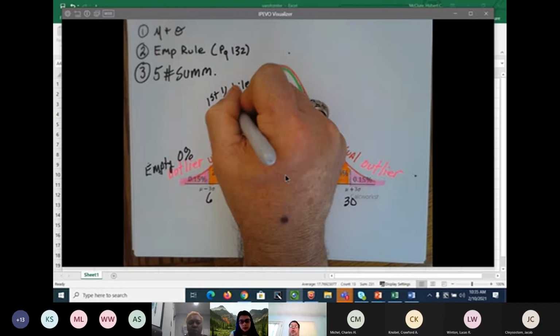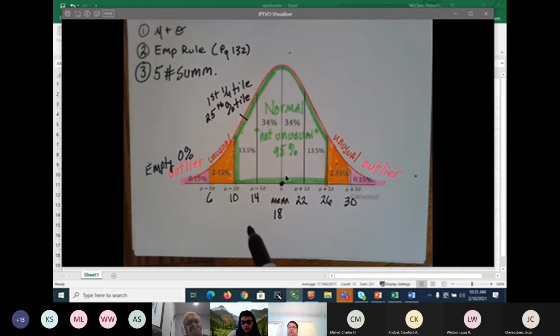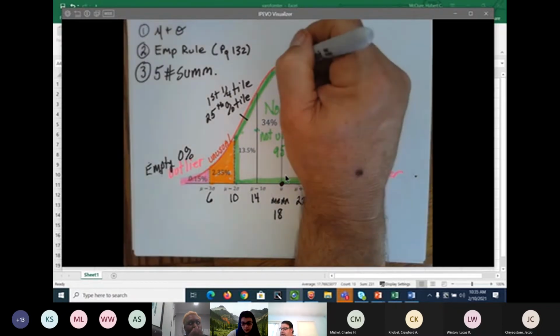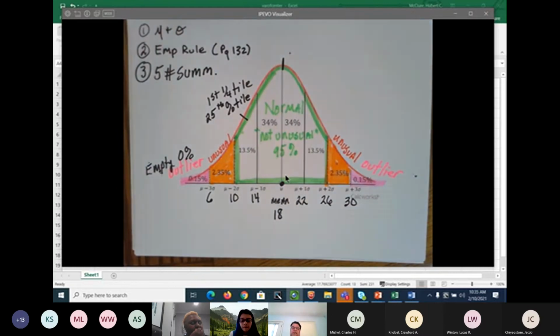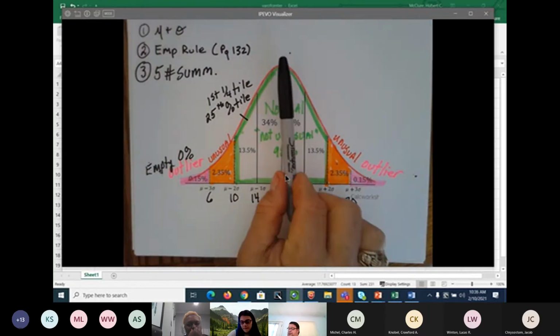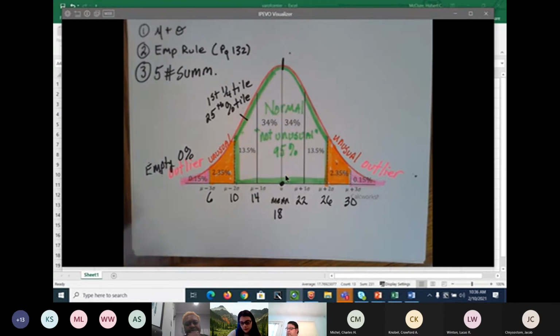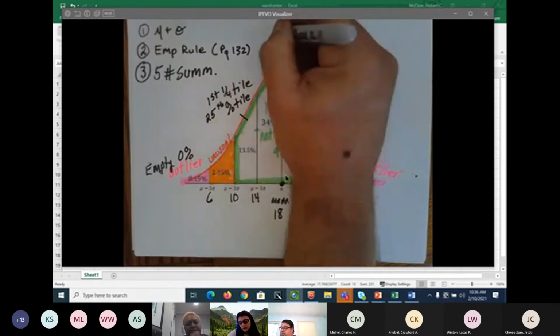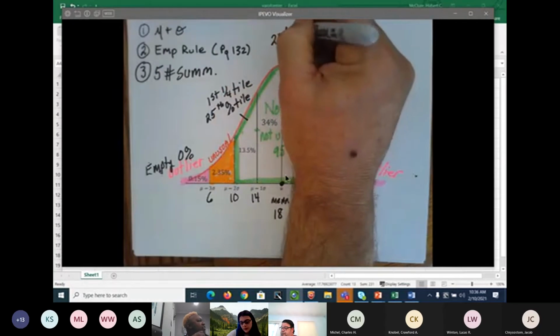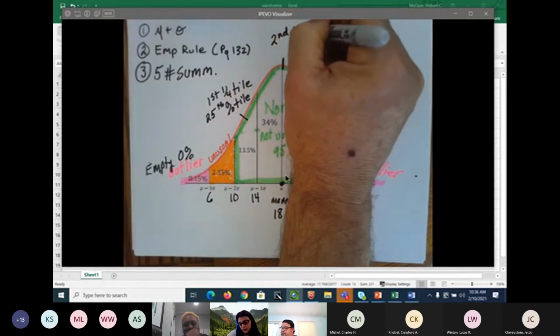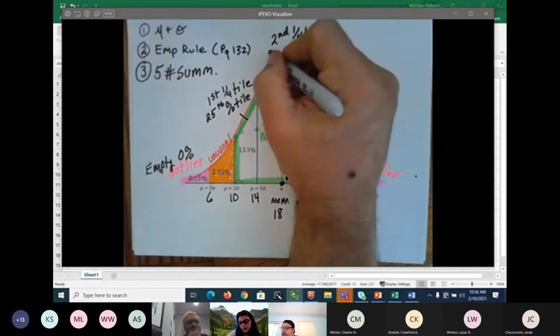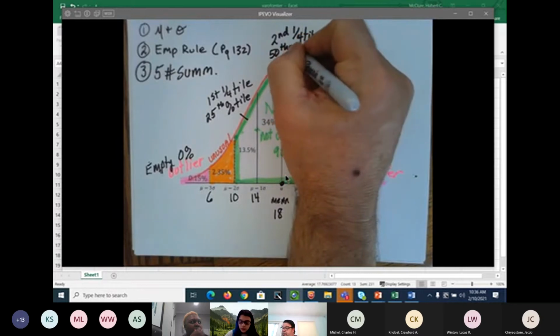Now we're getting into a lot of standardized test questions. Those of you that need to take the tests, you're going to be asked about this stuff. Now this one's easy. On your fuel gauge, what does that represent? Half a tank. So that's the second quartile, or the 50th percentile.